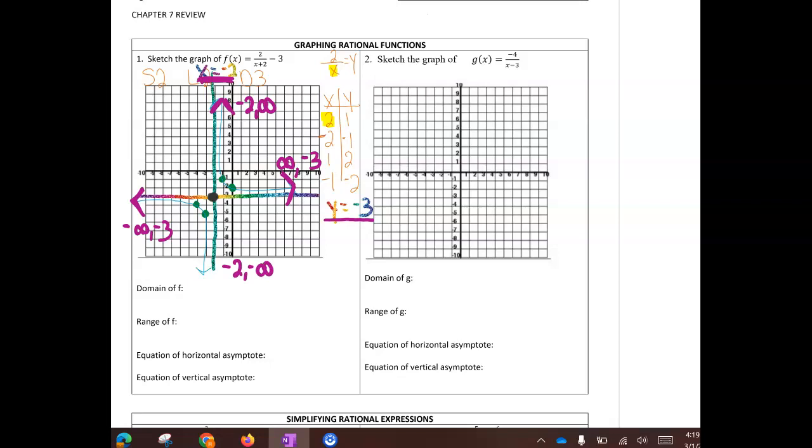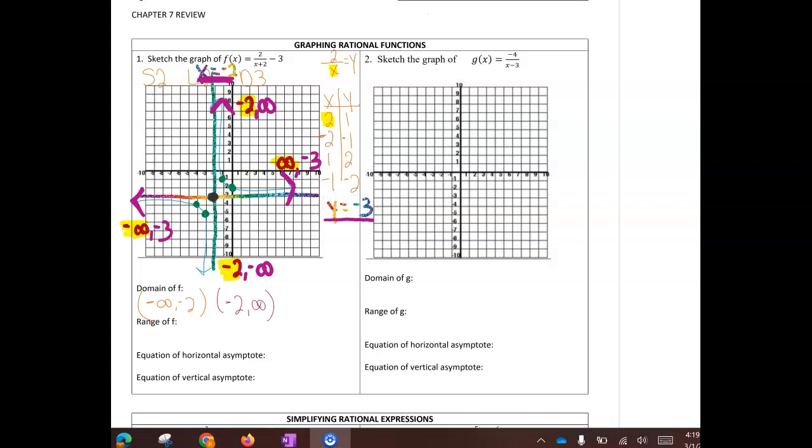So my domain, I will be using my small x and my big X. So on the first shape, when I look at my x's, the smaller x is -infinity to -2. And then I'll go to the other shape, look at my x's, and the smaller x is -2, and the bigger x is infinity.